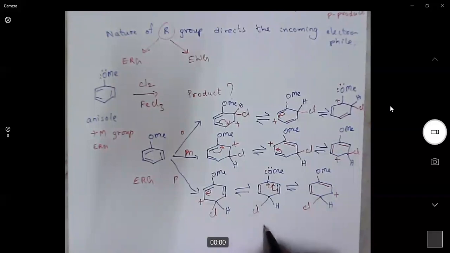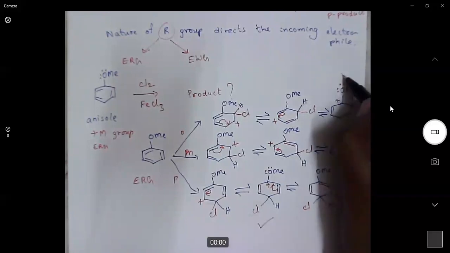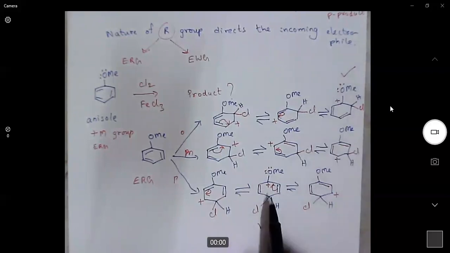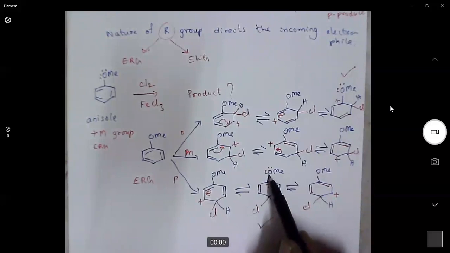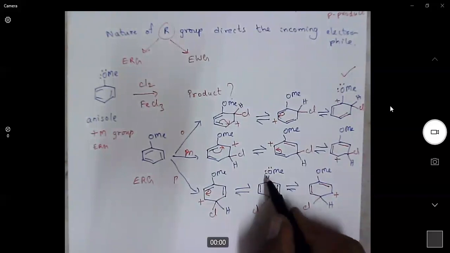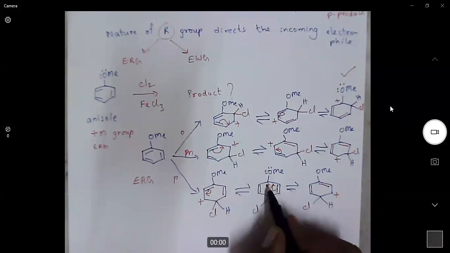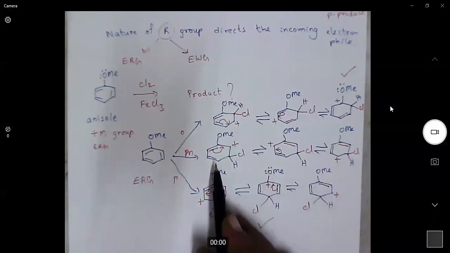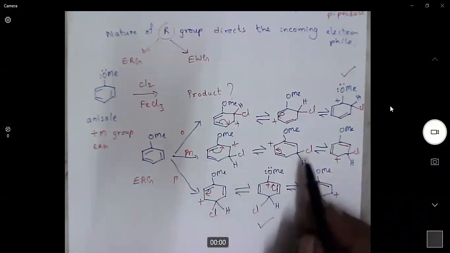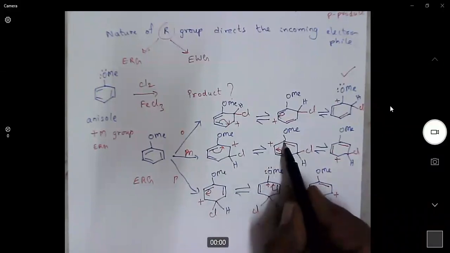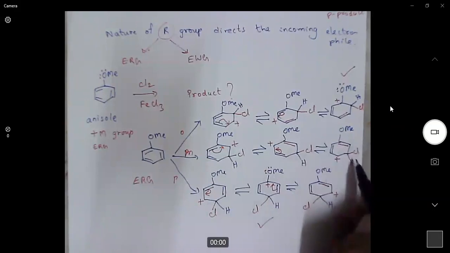Look at this carbocation and look at this carbocation. In these two carbocations, the carbocation is just next to oxygen. Oxygen is a plus M group, so it donates its lone pair of electrons completely to this carbocation. So this will have an additional resonance contributor. Whereas in the meta product, the carbocation is not on the carbon where OMe is attached.